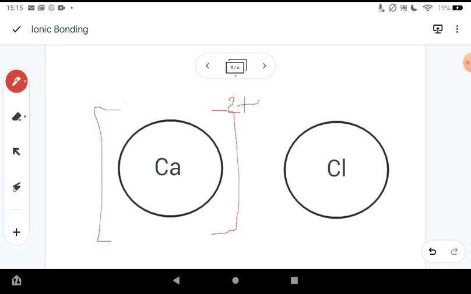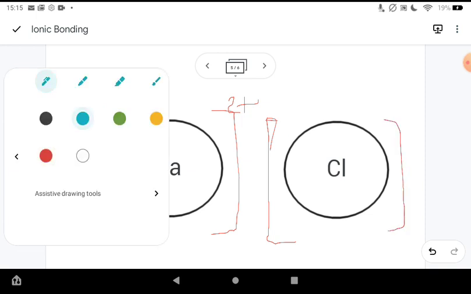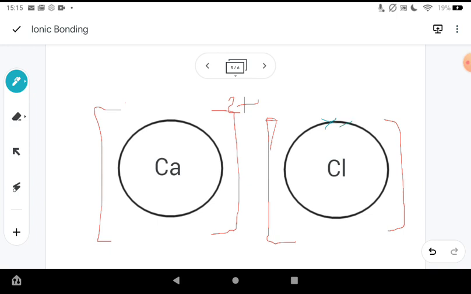If it's in group 3, it's 3 plus. Then on the chlorine, you draw the chlorine as we did before, with 7 outer electrons. And then my extra 1 electron from the metal, just there, and I would put my -1 charge.